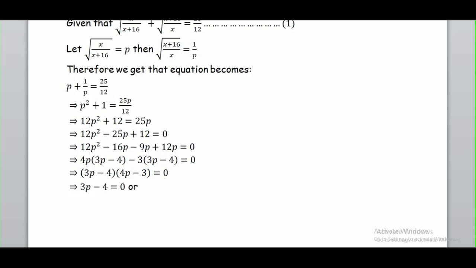Then 3p minus 4 equal to 0 or 4p minus 3 equal to 0, and thus 3p equal to 4 or 4p equal to 3, and so we get 4 by 3 or 3 by 4.